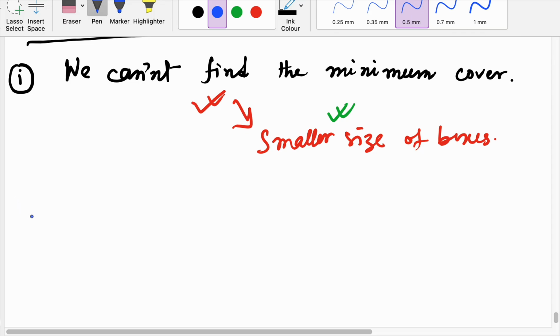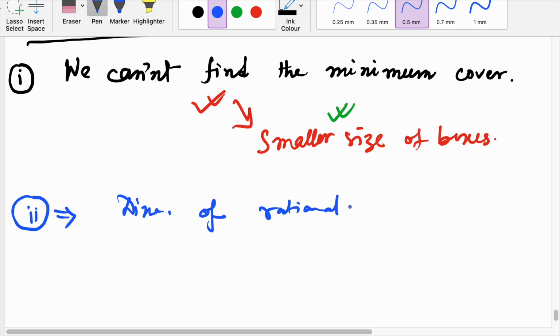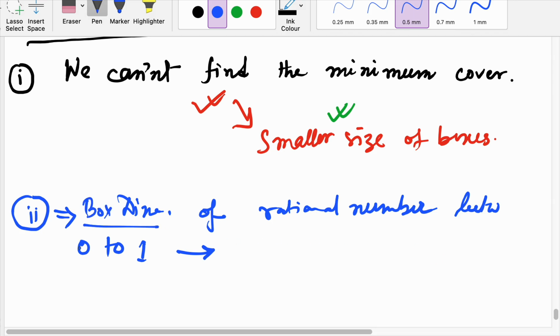Now in this also there is a problem. The second problem is, if I do so, you will find that the dimension of the rational numbers between 0 to 1, the box dimension of the rational numbers between 0 to 1, will be 1.